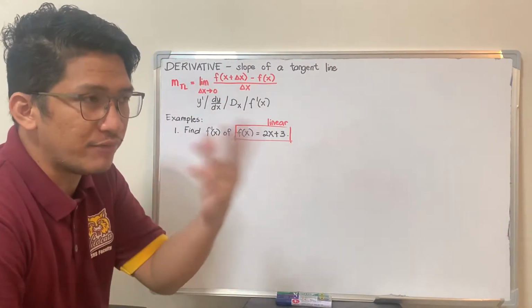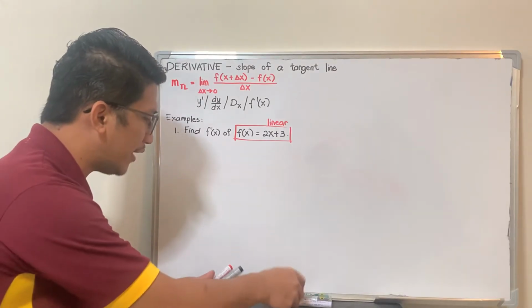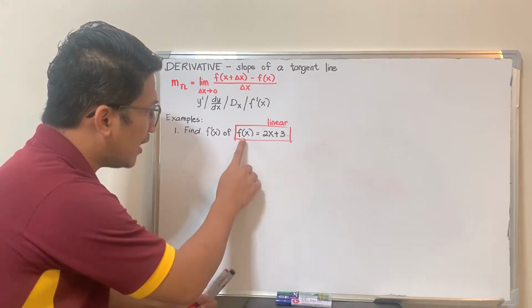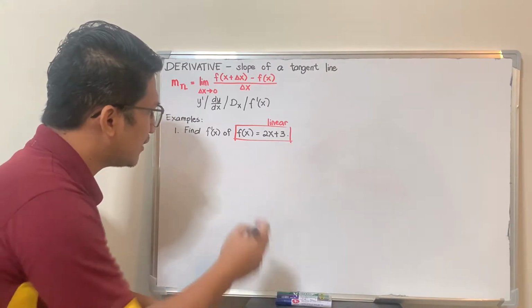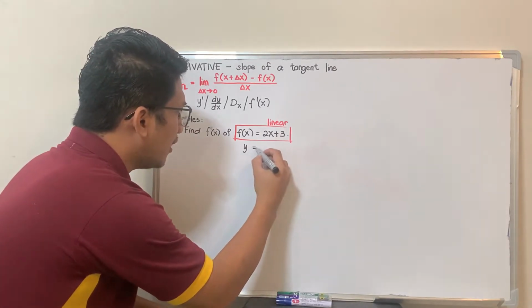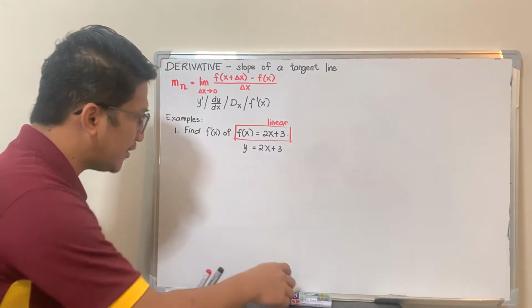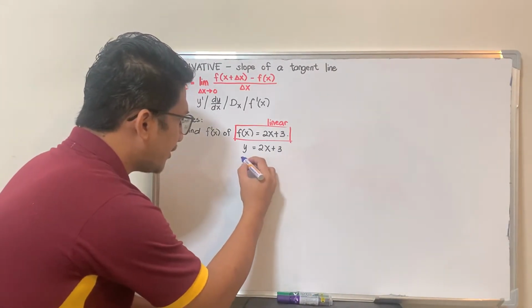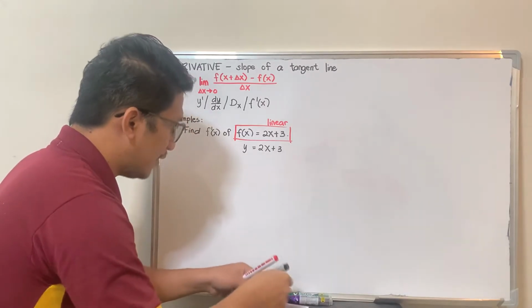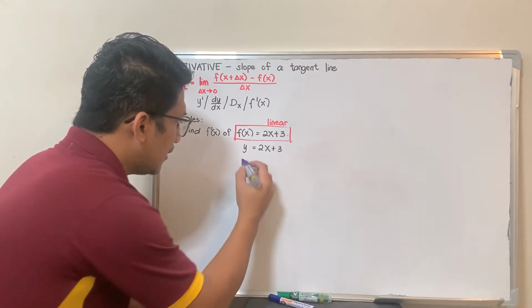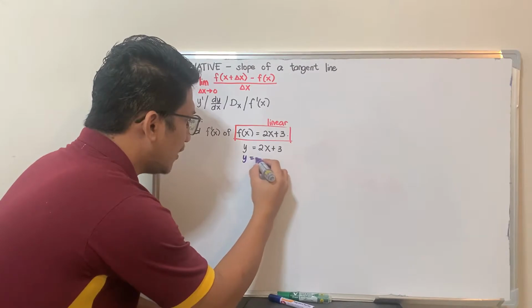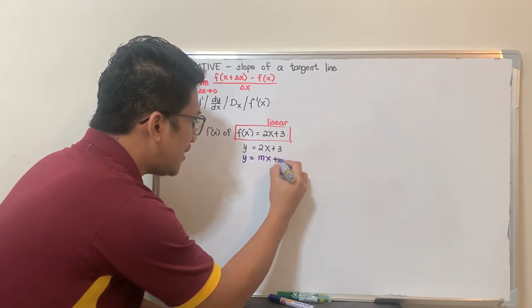All you have to do is to remember the concept. If you recall, f of x equals 2x plus 3 is the same as y equals 2x plus 3. And I think you can still remember that this represents y equals mx plus b.